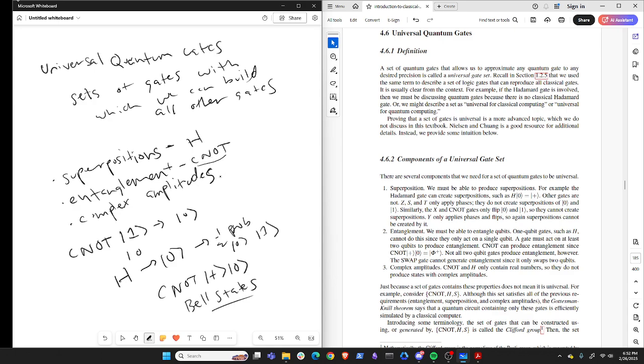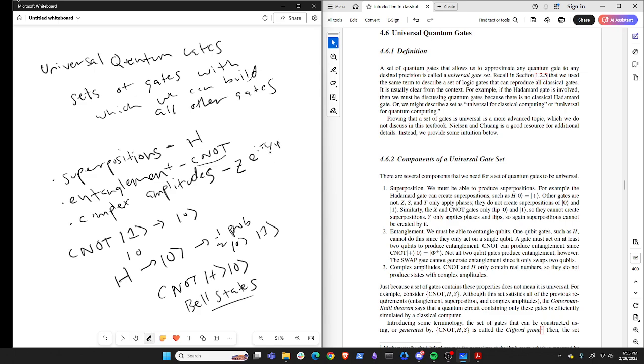And furthermore, we need the ability to handle complex amplitudes. Amplitudes can be either real or complex. So there are gates like the C naught and the H that work with real numbers, but they don't work with complex amplitudes. So we need to have a gate that can do that. Something like the Z gate, right, that assesses a rotation with e to the i pi over 4.